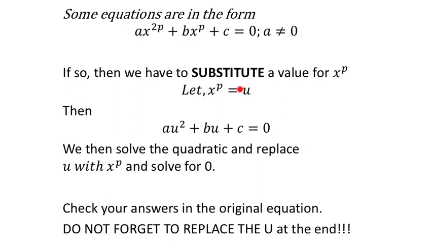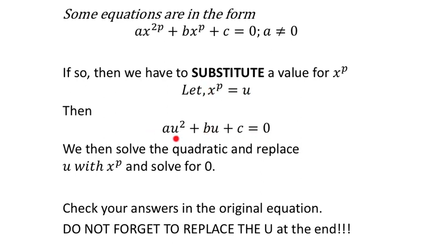So I just say, look, I'm going to change it into a u, because an individual letter like this one is a lot easier to deal with than x to the power of, let's say, 5, okay? And when I do that, now instead of showing x to the power of p in the form, because it was b times x to the power of p, since I've replaced that with u, I have b times u.